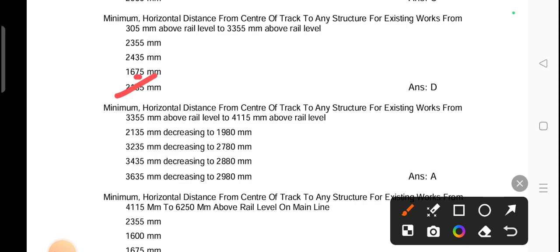From 3355 mm above rail level to 4115 mm above rail level: 2135 mm decreasing to 1980 mm.